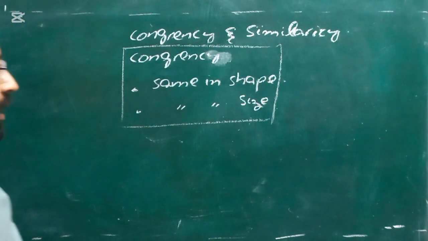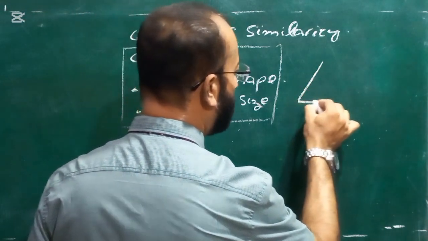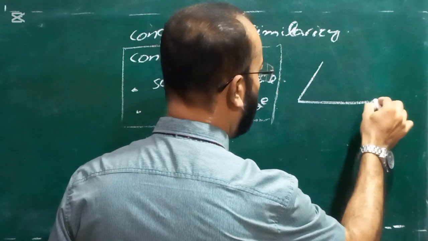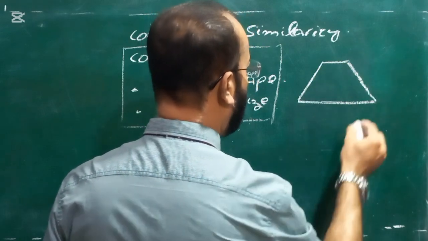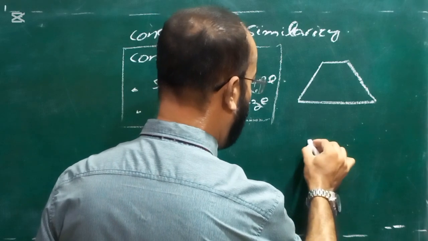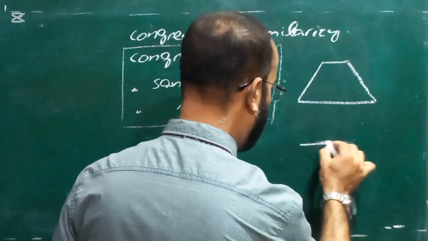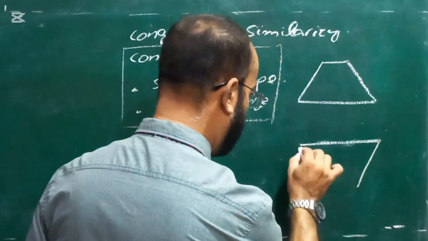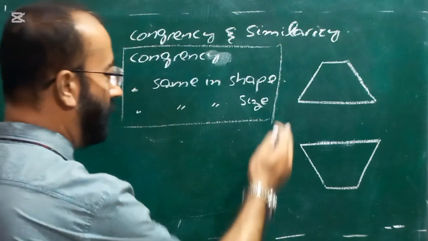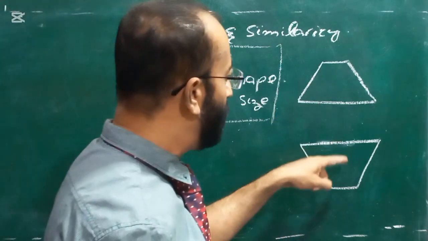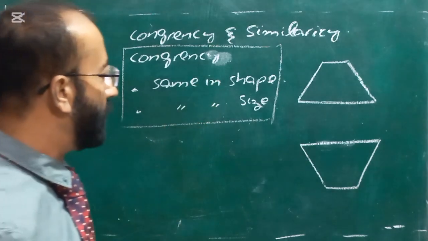figures. Like, for example, we have two figures like this one and this one. So for example, if these two figures are of same shape and same size, they will be called congruent figures.